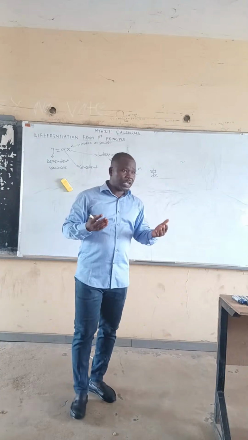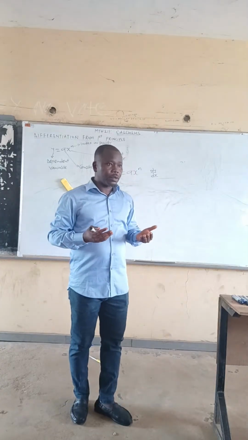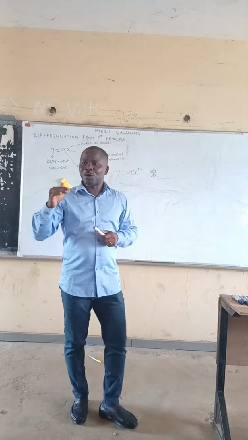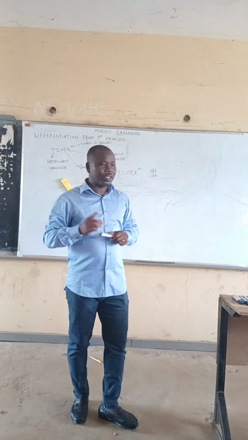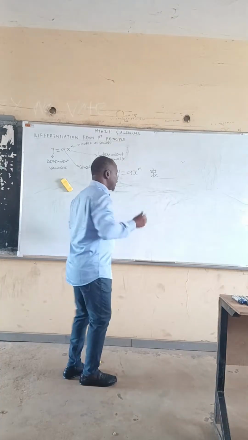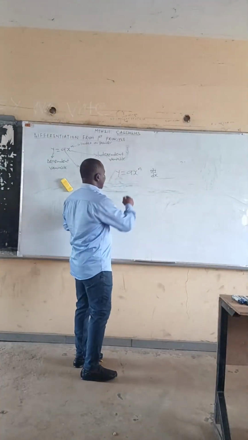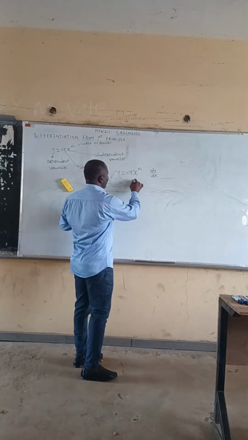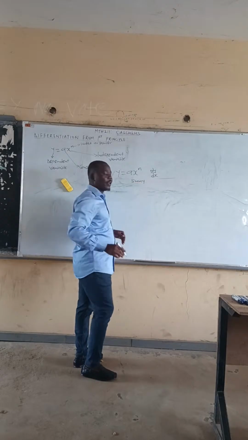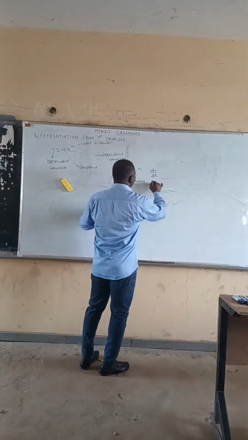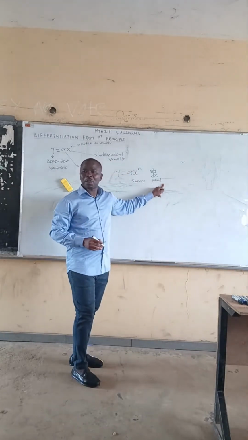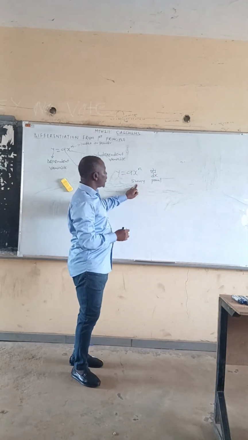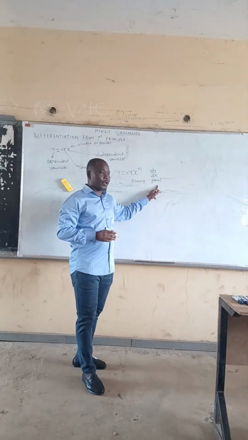Let's look at it in real life. Every one of us has two parents, and we depend on our parents. Let us assume somebody is called Sonny Paul. This Sonny depends on his parents.